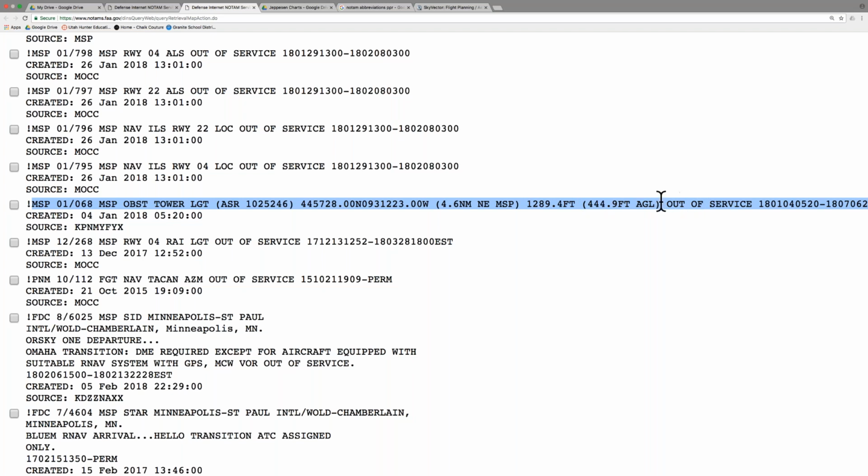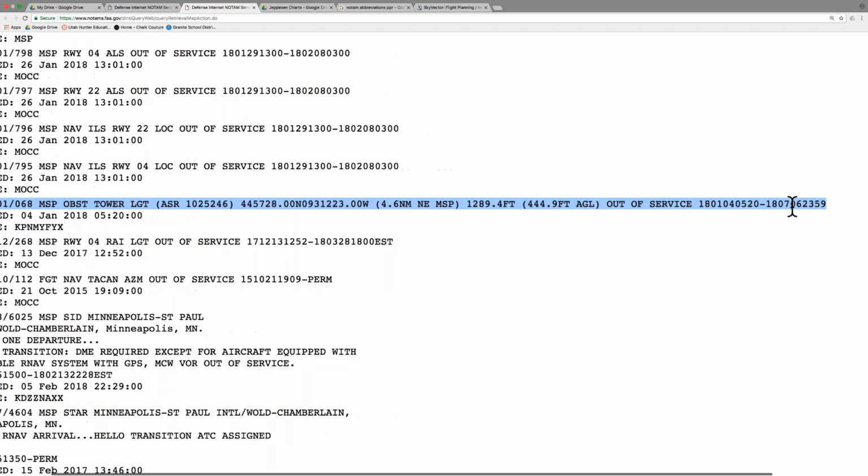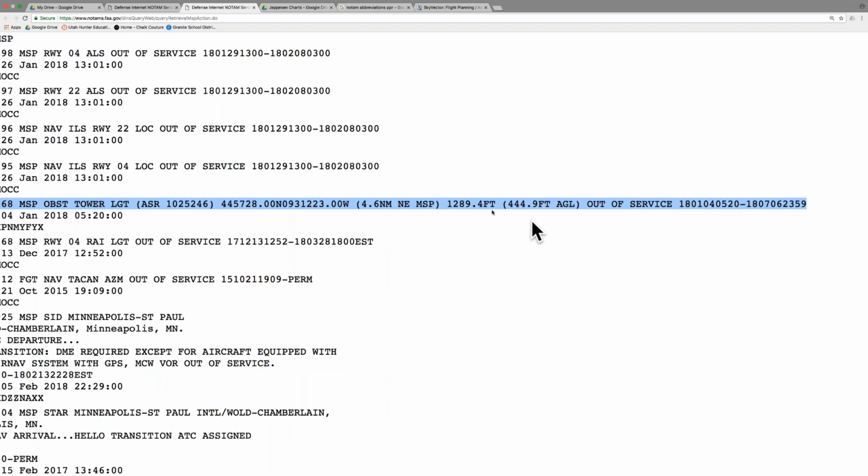And then it's telling us that it's out of service from this time to this time. So the tower lights are out of service from this time to this time.